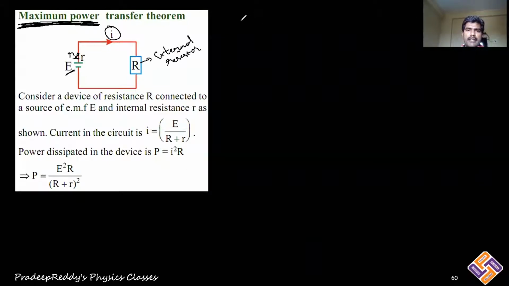From there I can write E is equal to I into capital R plus small r. I am using Kirchhoff's voltage law: you go starting from the battery, plus E, minus Ir, and minus IR is equal to 0.